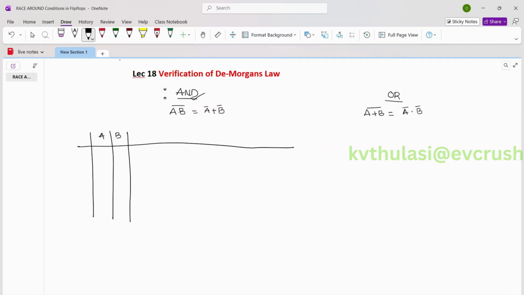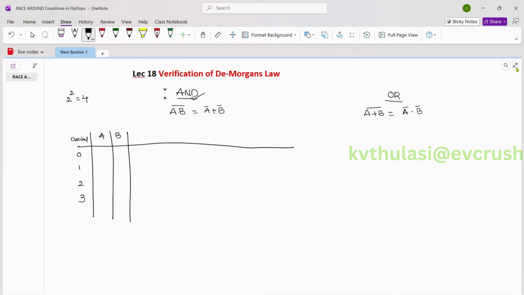Two inputs are there, and two inputs means 2 to the power of the number of inputs, 2 squared is equal to 4. So we write the decimal numbers 0, 1, 2 as well as 3. That is 4 rows.